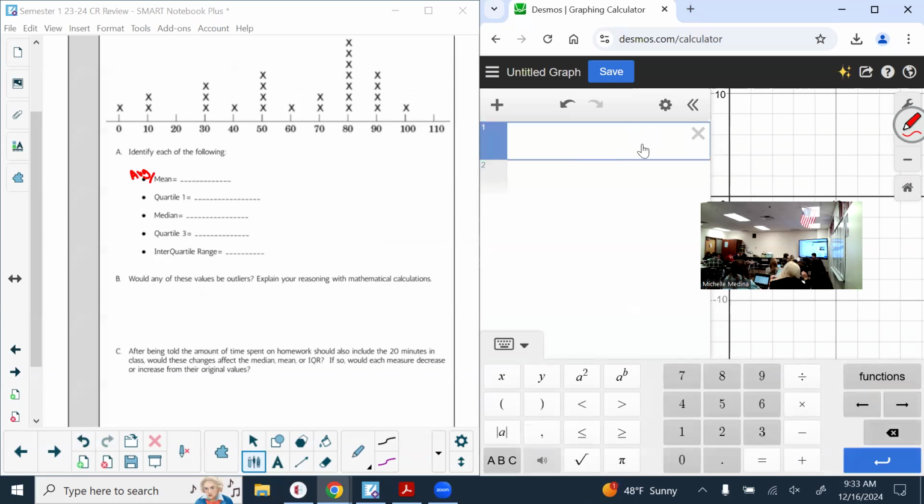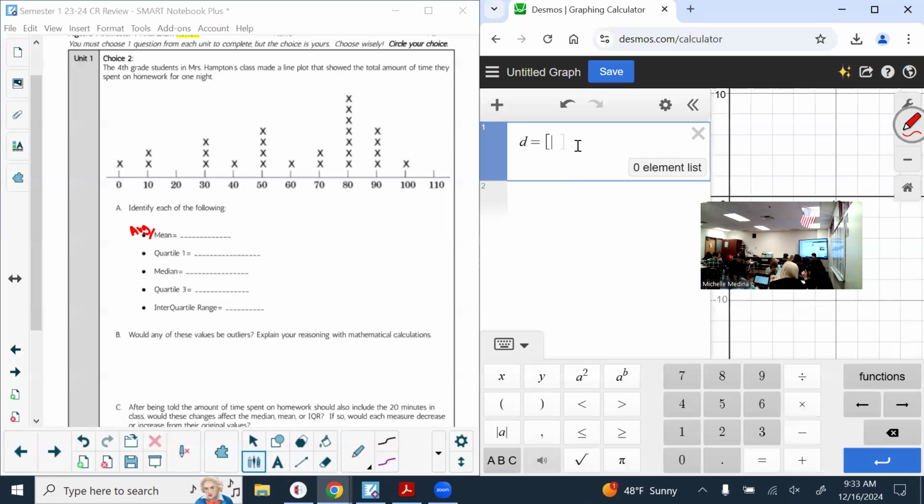And I would do it by putting it in Desmos, like how I taught you in Unit 1 way back when. I'd put D equals, I just pick D for data usually, but almost any other letter works. D equals bracket, and then list all your data points. So I have 0, I have 2 10s.